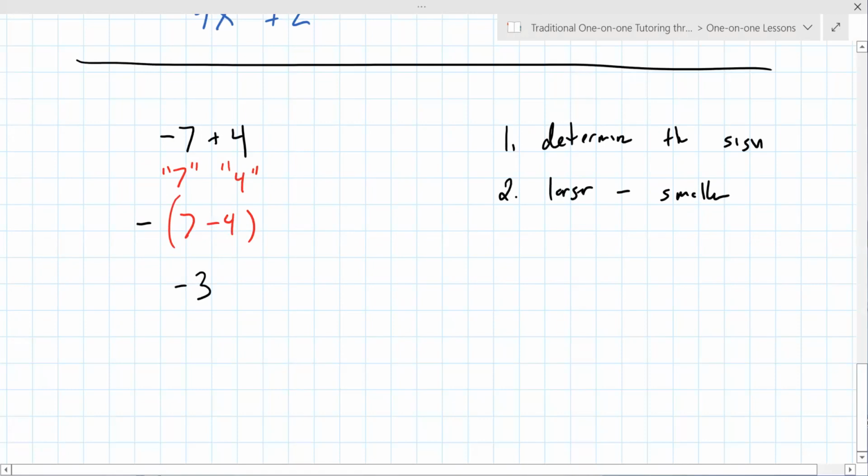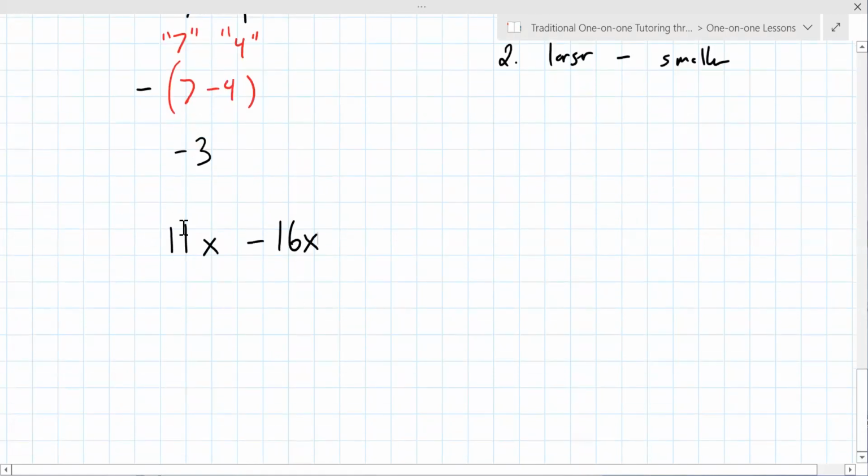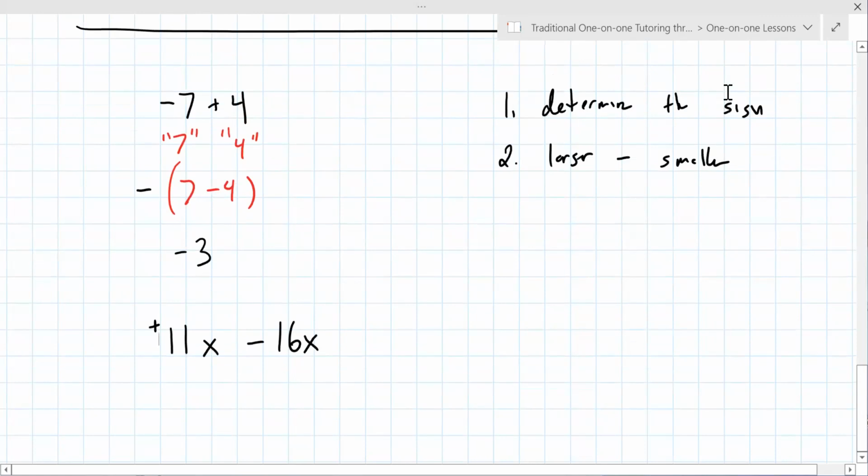Similarly, I could have you do something like 11x minus 16x. These are opposite in signs. The 11x is positive. We don't write that, but it's positive. And the 16x is negative. It's the same algorithm, the same recipe. You've got to determine the sign.